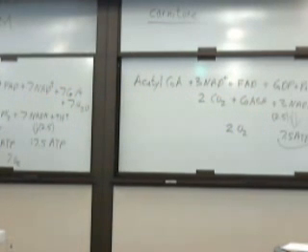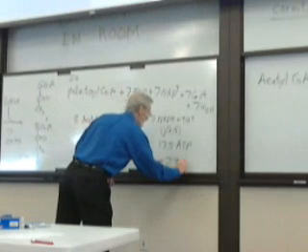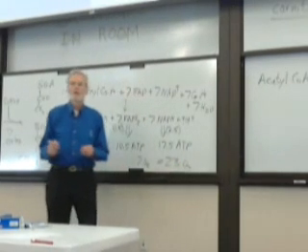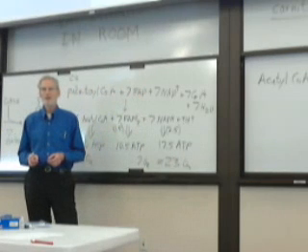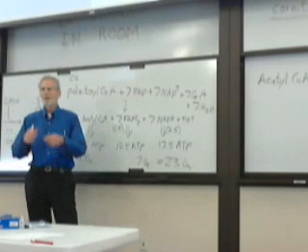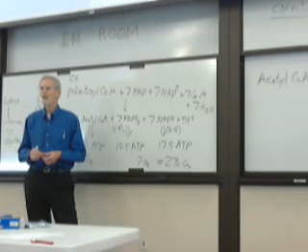This is 16 oxygens, and 16 and 7 is equal to 23 oxygens. So the bottom line is you add up all of the NADHs and FADH2s, and you divide by 2, because each one of them reacts with half of a molecule of oxygen in the mitochondrial respiratory chain.